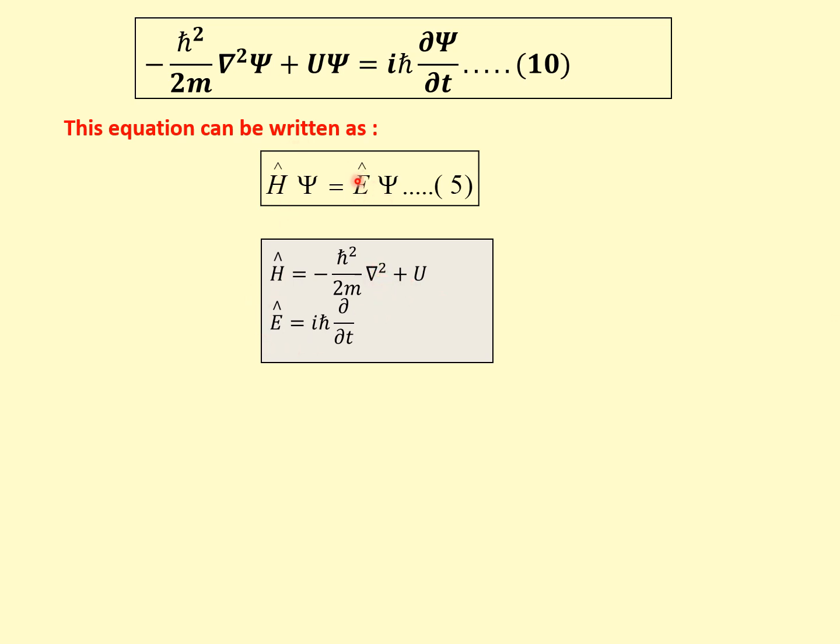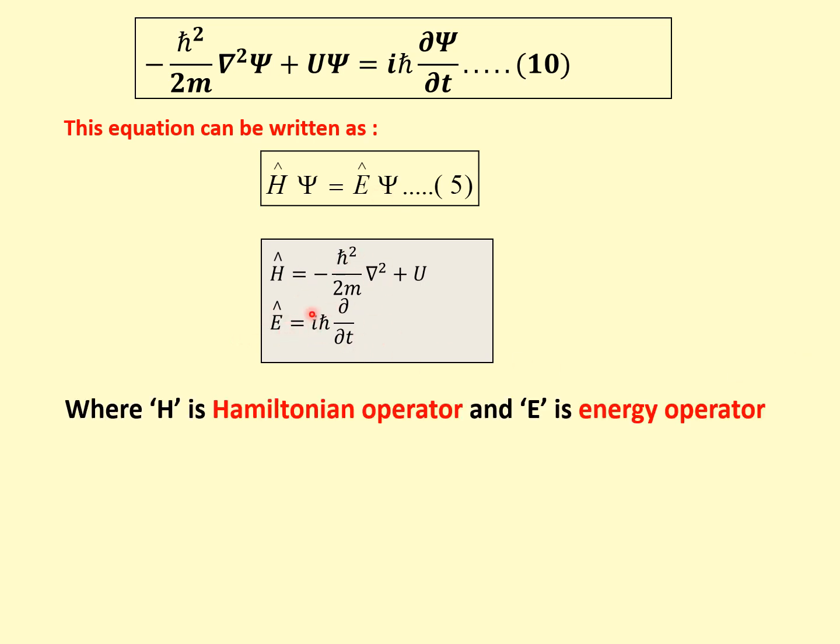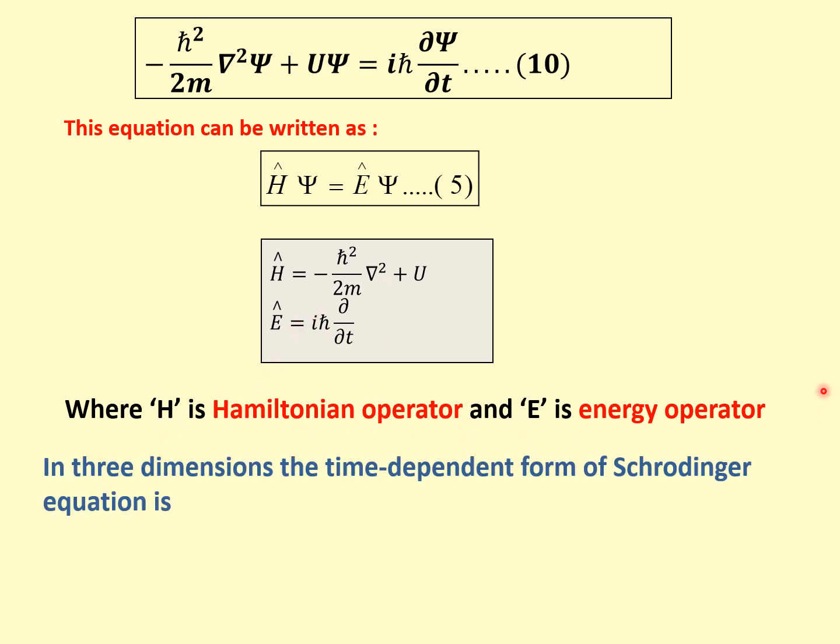The E operator, the energy operator, is i h bar delta by delta t. So these are the operators in quantum mechanics: H is the Hamiltonian operator and E is the energy operator.